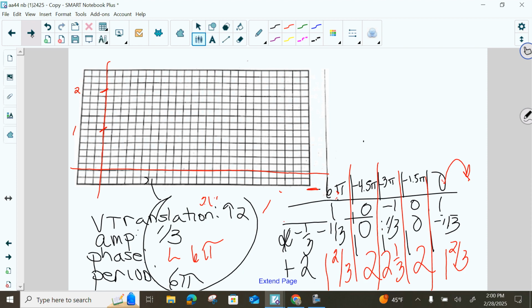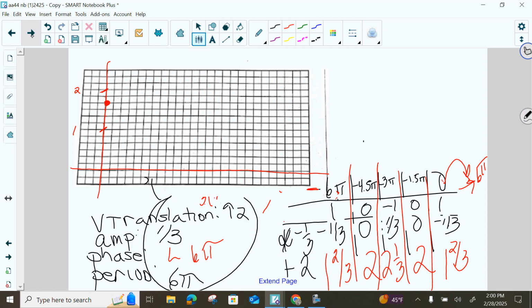So I'm okay. 0 is going to be 1 2/3. Right? So then I'm going to jump to 6 pi. Right? Because if I take these points, -6 pi to 0, and just copy them over, won't they be the same for 0 to 6 pi? Does that make sense? Right?